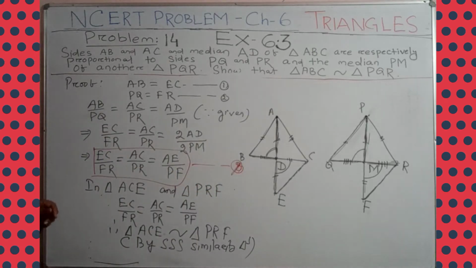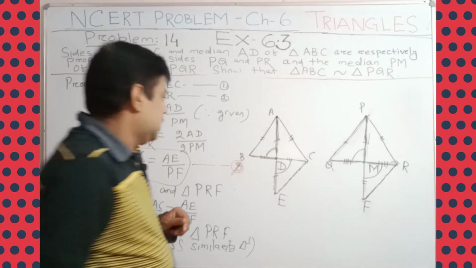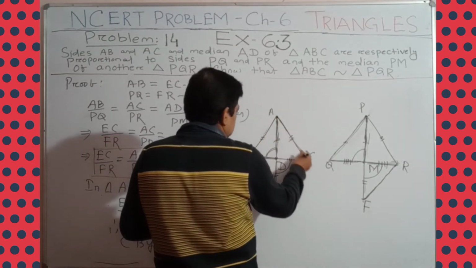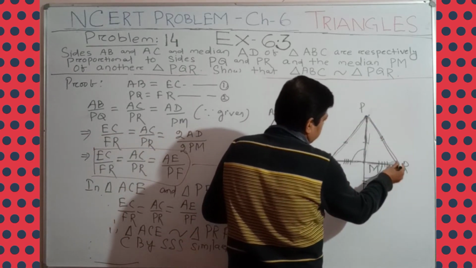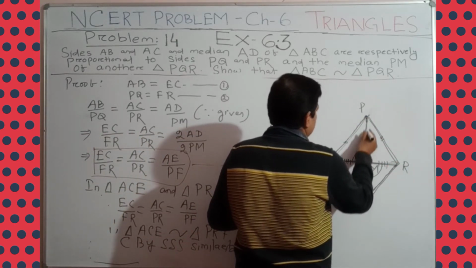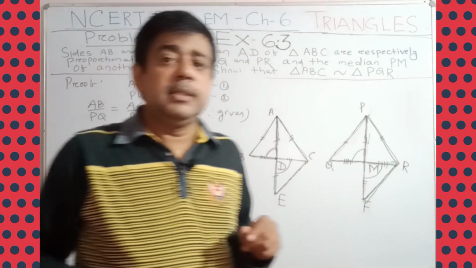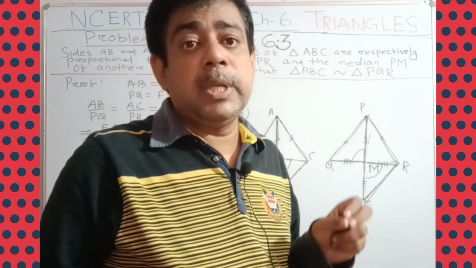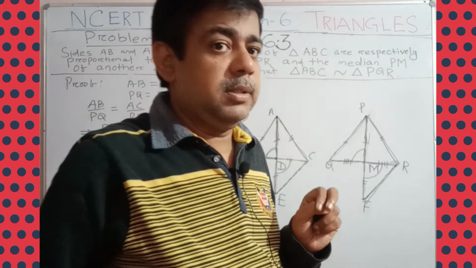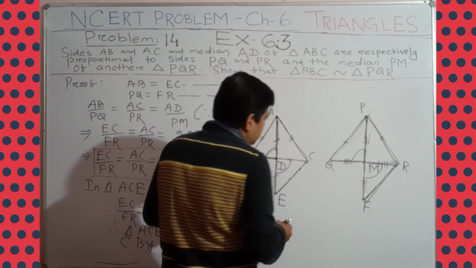Since triangle ACE is similar to triangle PRF, according to the condition of similarity of triangles, what do you know? Their corresponding angles are equal. Yes or no? So what is the corresponding angle?